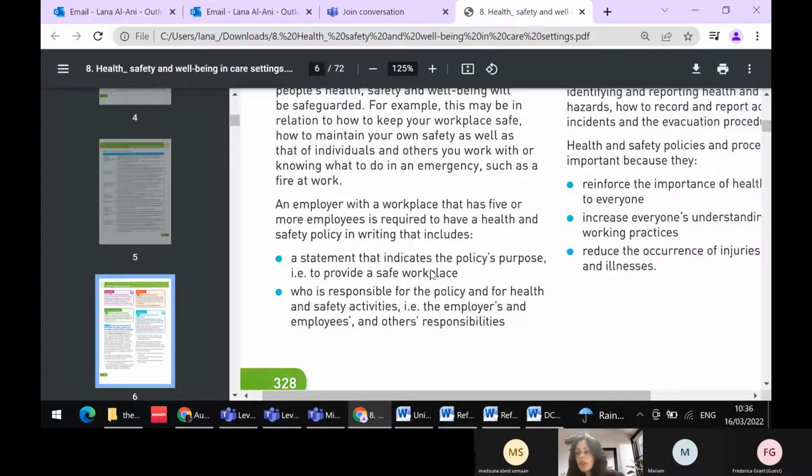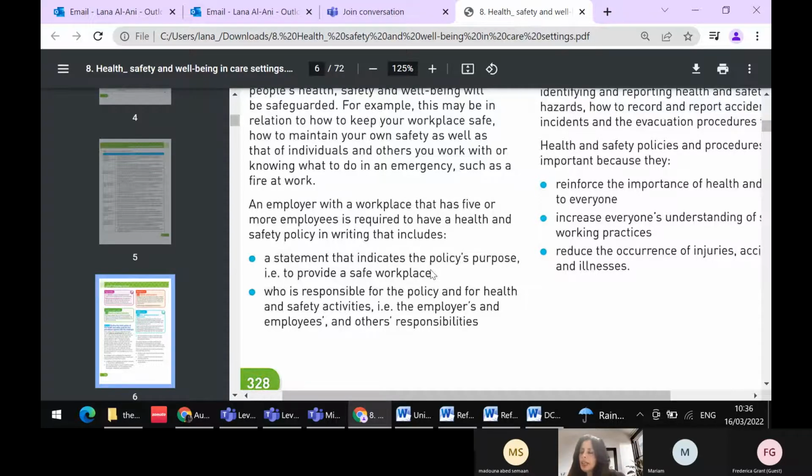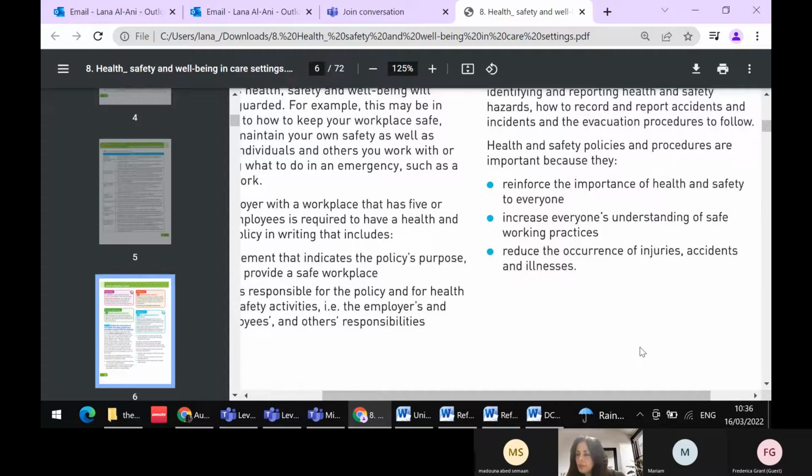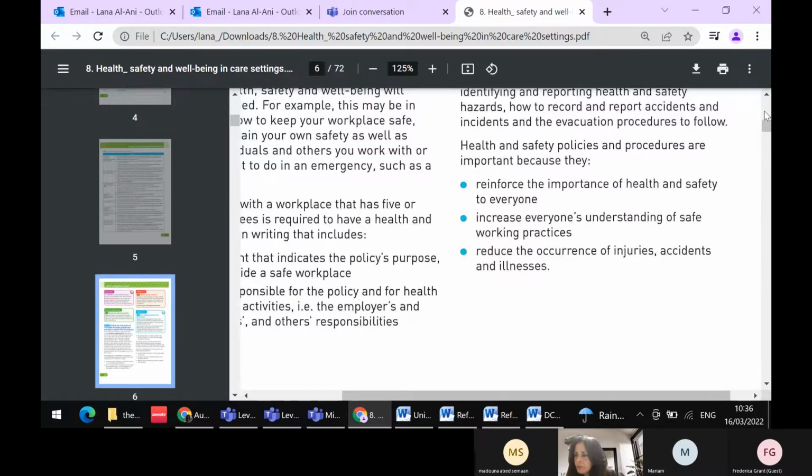And who is responsible for following these health and safety policies? All of us, all the employees. Yes, the employees and the management, everyone is responsible for following these health and safety regulations, policies and procedures.